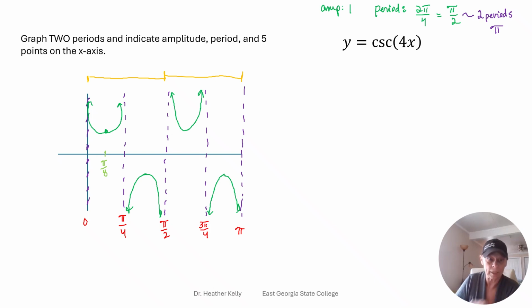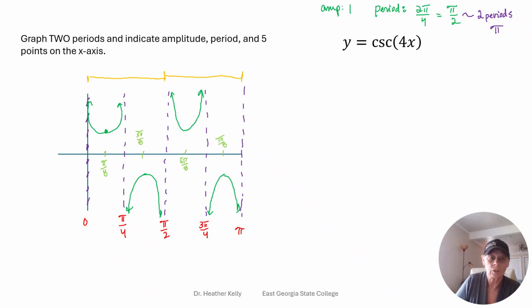It's 1 pi over 8, 2 pi over 8 is equal to 1/4. So this will be 3 pi over 8. That's 4 pi over 8, which is pi over 2. This is 5 pi over 8. 6 pi over 8. 7 pi over 8.